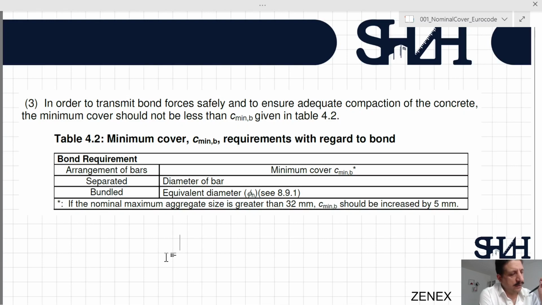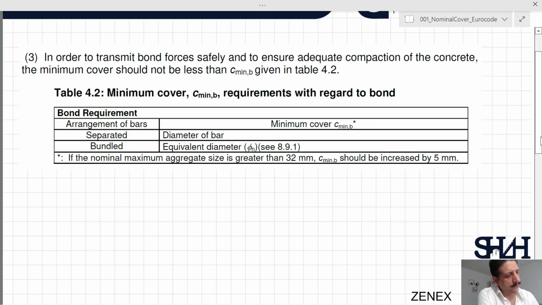And the star represents a footnote in the table, as we can see. If we have separated reinforcement, like this type of ordinary reinforcement, then c min,b will be the diameter of the bar.